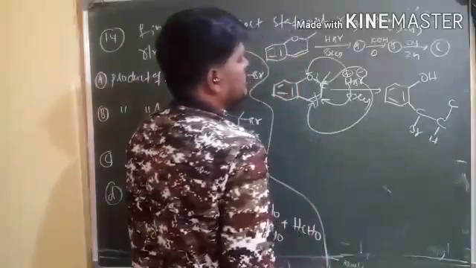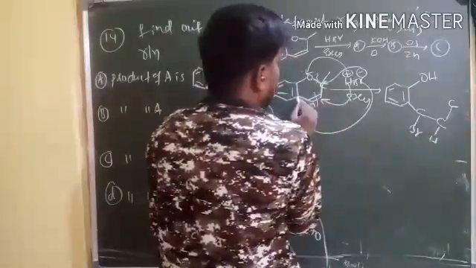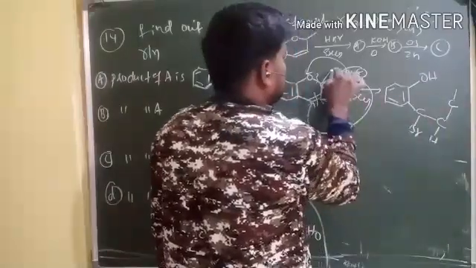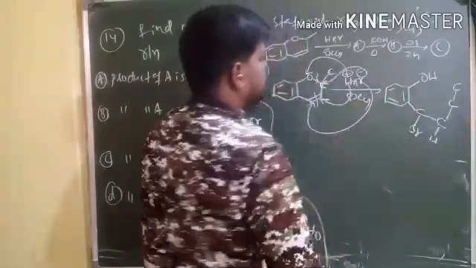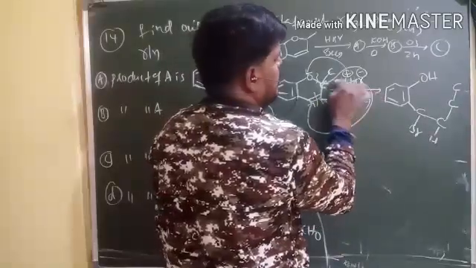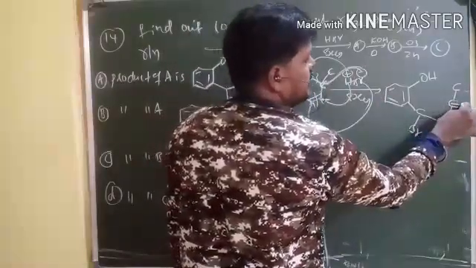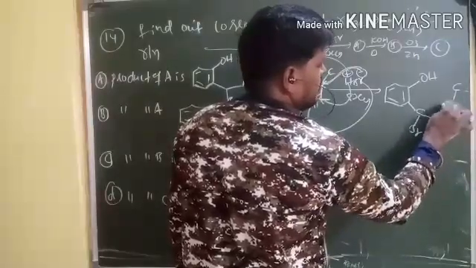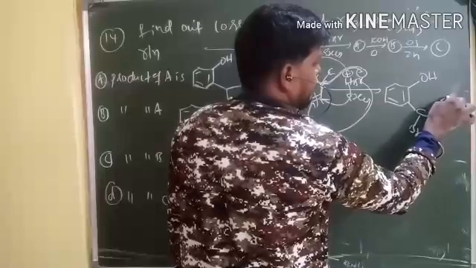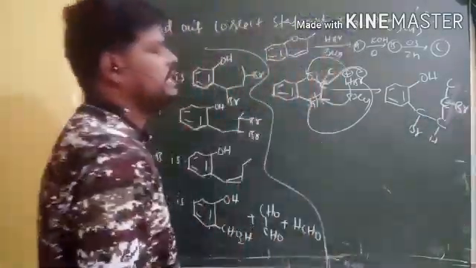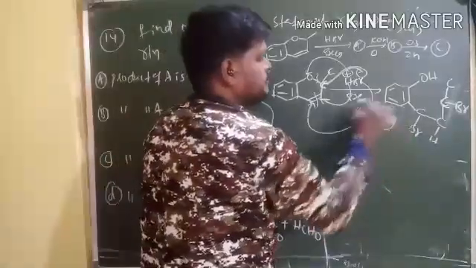This carbon here, 1 2 3, 1 2 3, again carbon, again carbon, right? Next to this carbon, bromine is there. That's why you can write bromine here, right? So this is A.